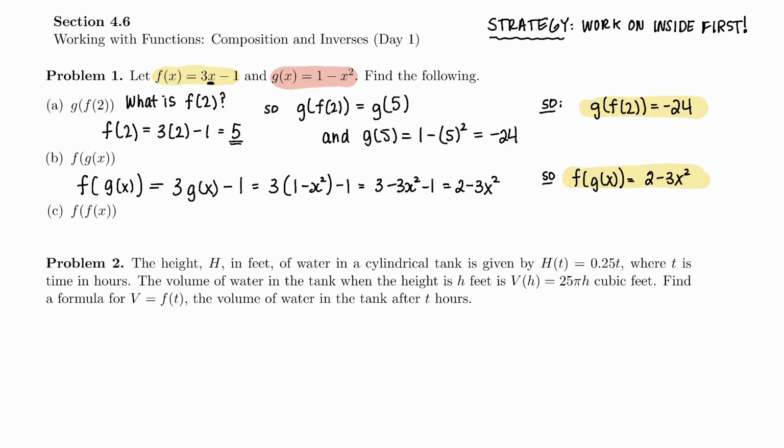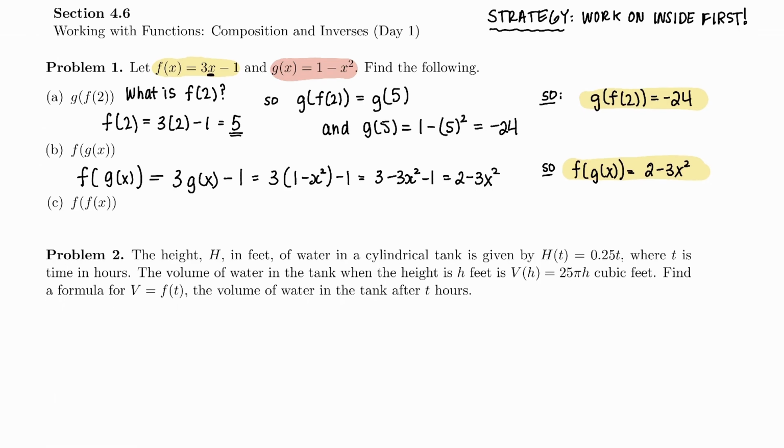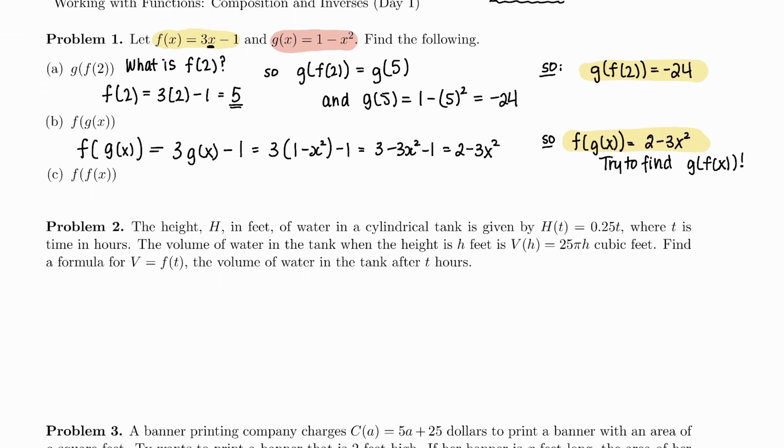And I think now is a good time for you to try to find g of f of x, just for fun. And finally, we have f of f of x. So I'm just going to plug in f of x where I see an x in f of x.